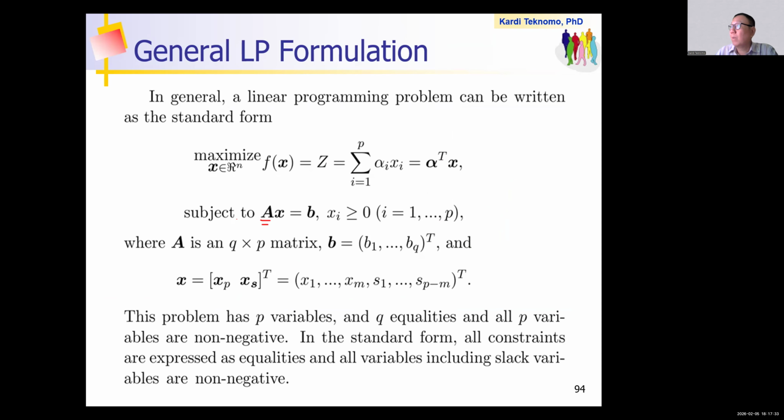So this is the general LP, linear programming. So then you will ask, how can it become equal? But our constraint is actually unequal, right? So this is actually inequality, but you need to make it from inequality into equality.